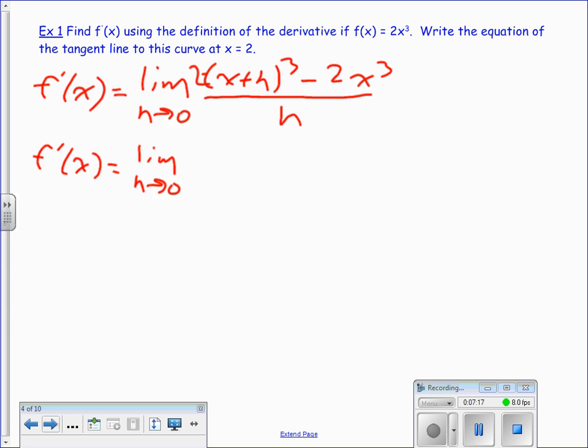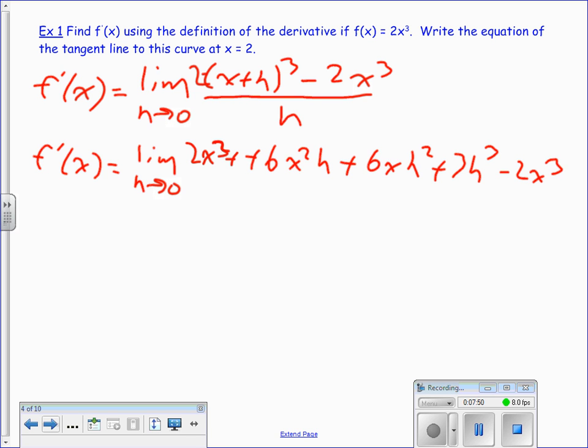Binomial expansion, x cubed plus 3xh times 2. If I multiply 2 times them as I do this, so it's 2x cubed, right? 1, 3, 3, 1 times 2, 2 times 3, so that's plus 6x squared h plus 6x h squared plus 2h cubed minus 2x cubed, all over h.